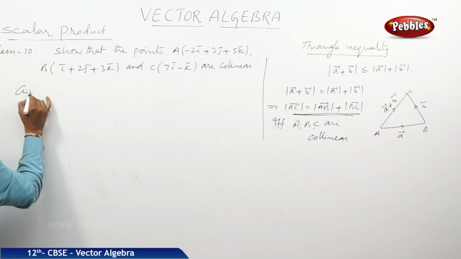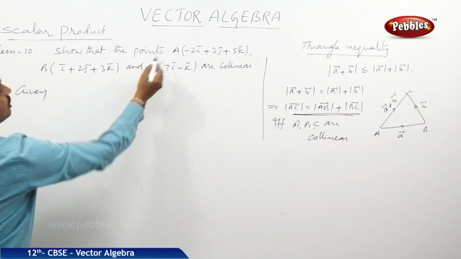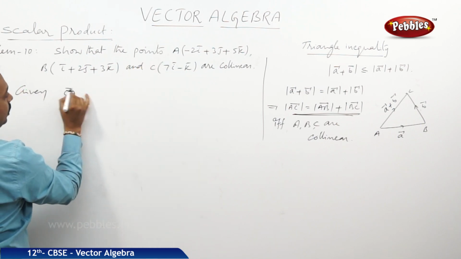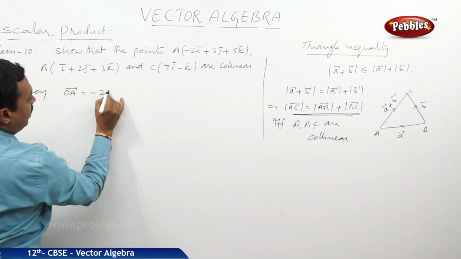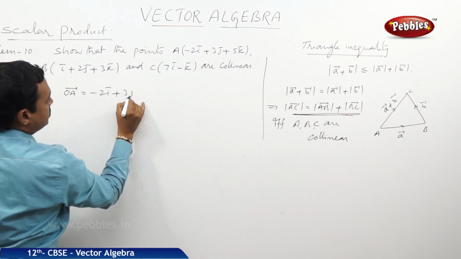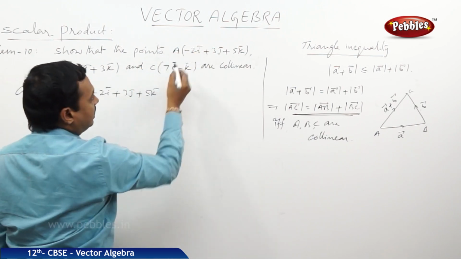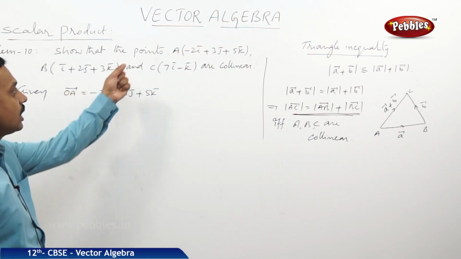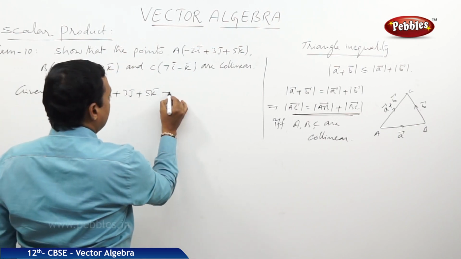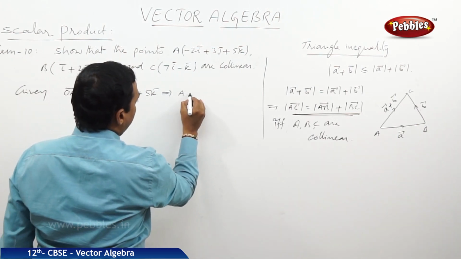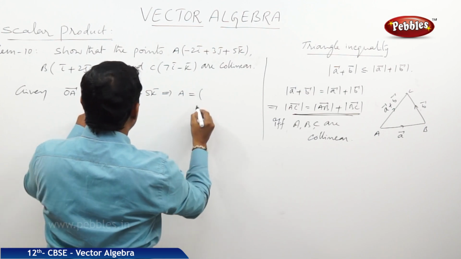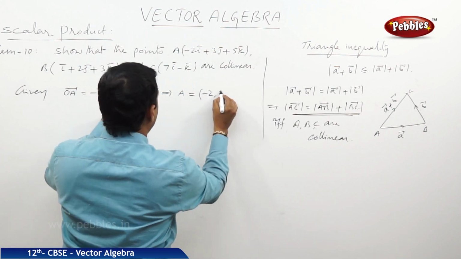Now, given the position vector of A, OA bar is equal to minus 2i plus 3j plus 5k. The point is nothing but the position vector of the corresponding point A, and from this the point A is minus 2, 3, 5.